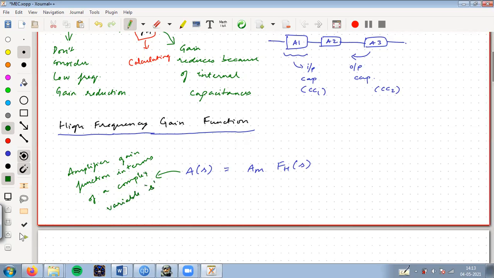Here, s means jω. So in fact, it is a complex function of frequency itself. So A(s) is actually a complex gain function with respect to frequency.